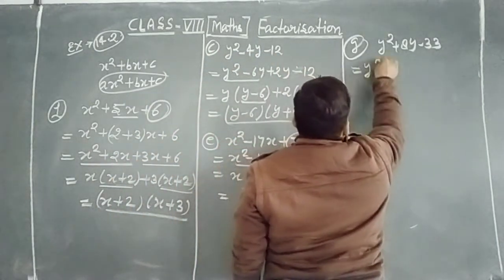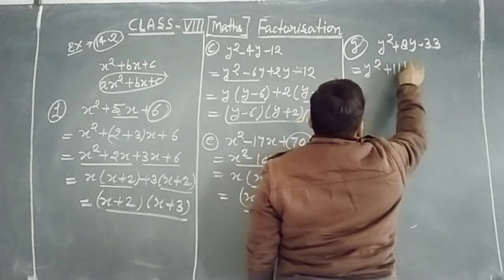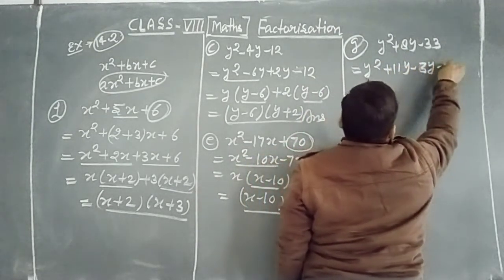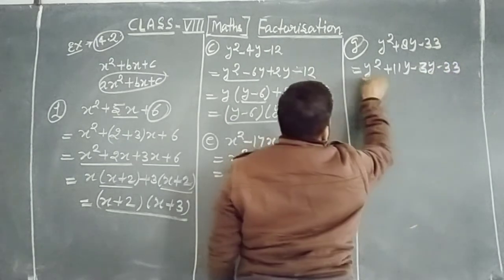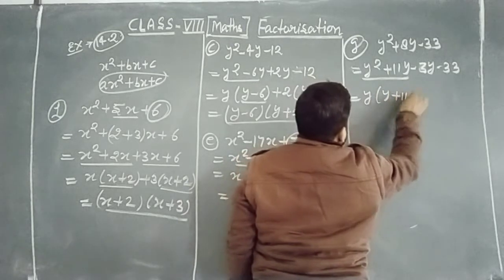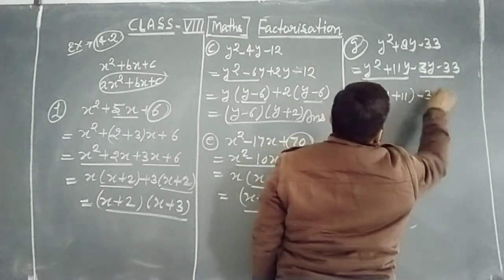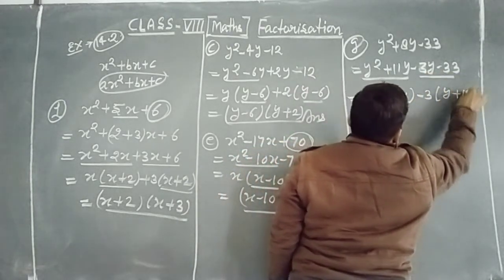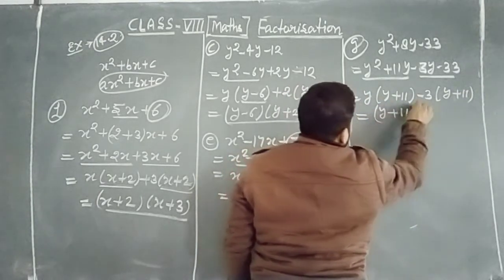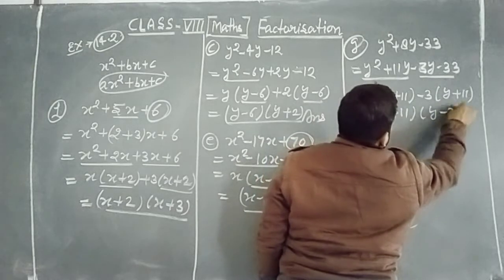So y square plus 11y minus 3y minus 33. Then y is common, so y plus 11, and minus 3 is common. So the factors are y plus 11 and y minus 3.